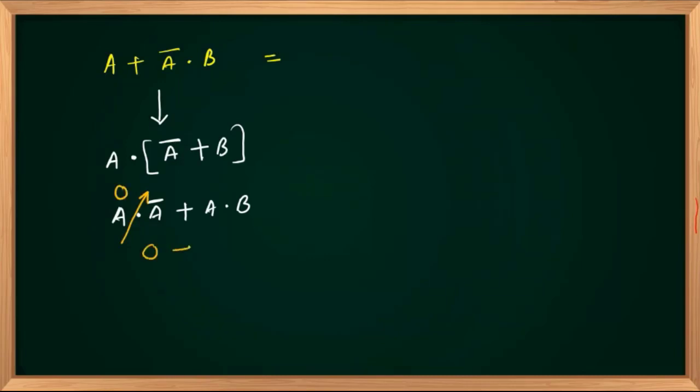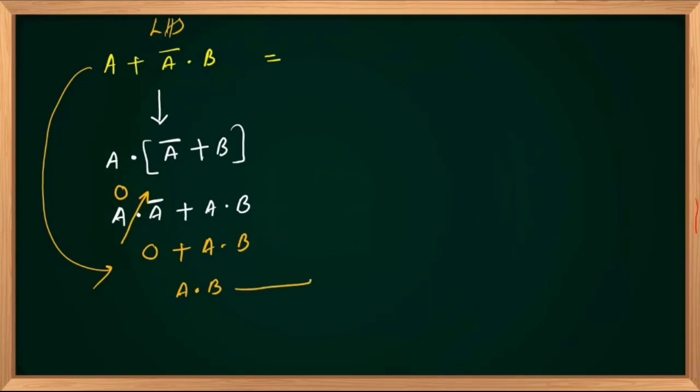So 0 or with A dot B is nothing but A dot B itself. So the simplified expression corresponding to A or A bar dot B was unknown, but I took the dual expression of the left hand side, and the left hand side simplifies to A dot B.